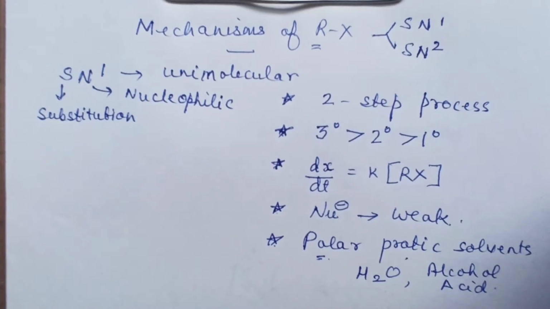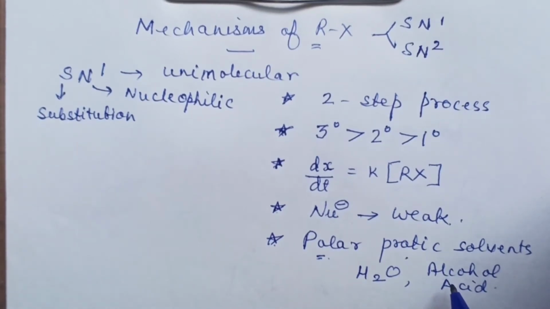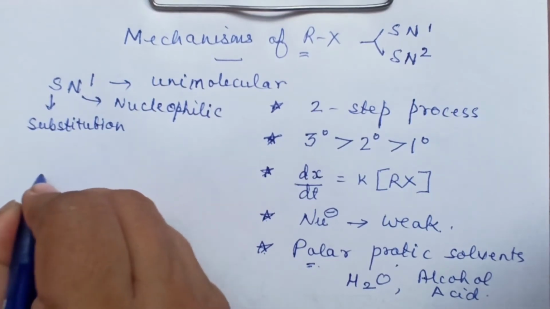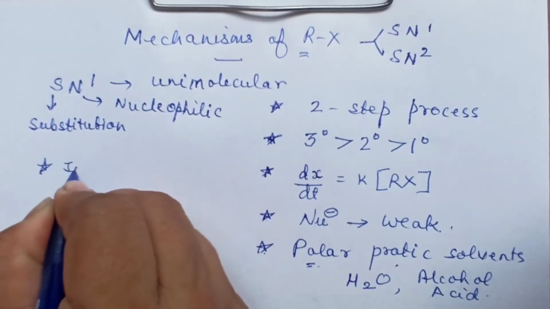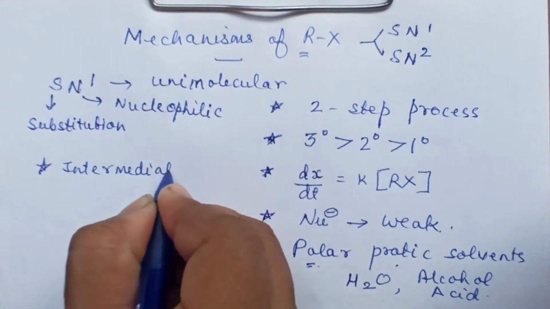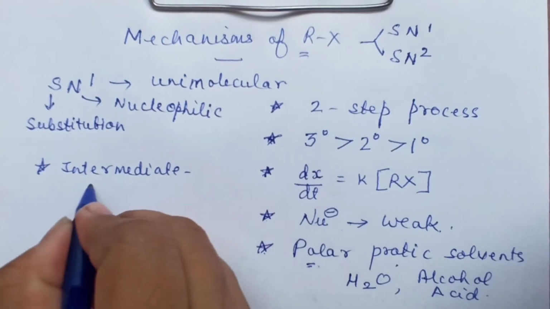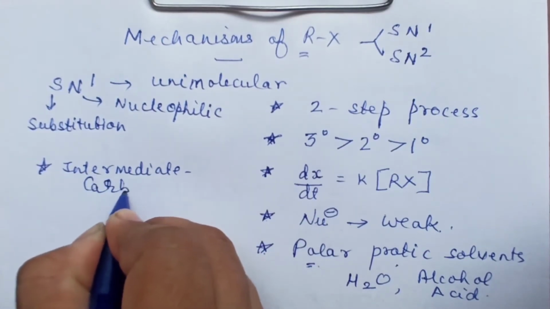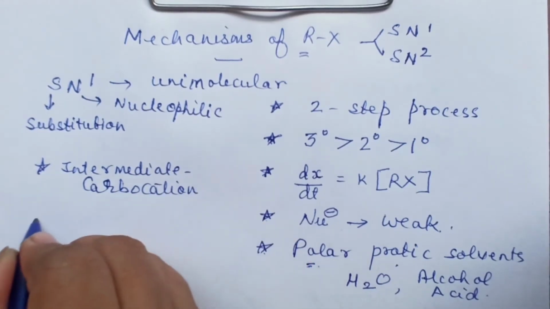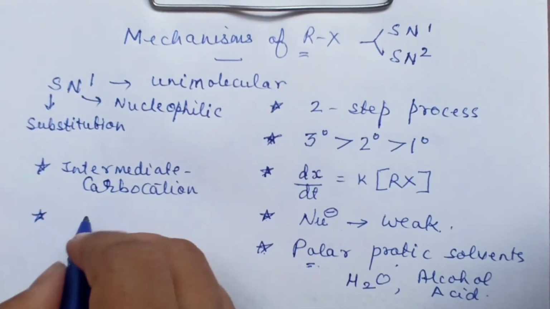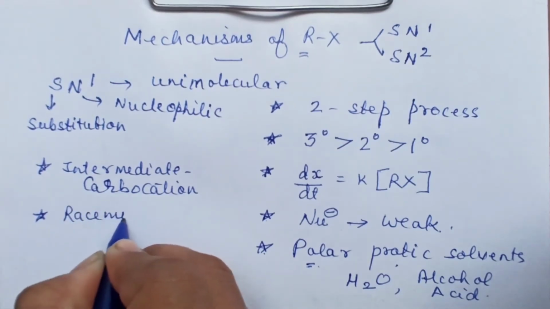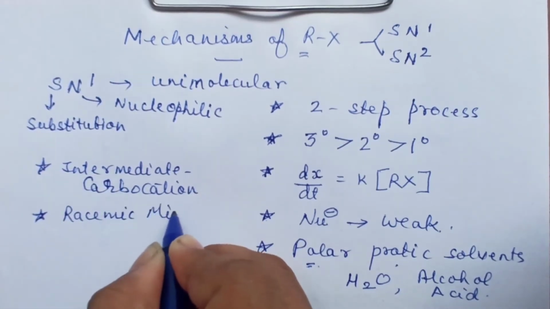So these occur only in the presence of a protic solvent. Next point is the intermediate. The intermediate formed in the SN1 mechanism is a carbocation. The next point is that it results in the formation of a racemic mixture.